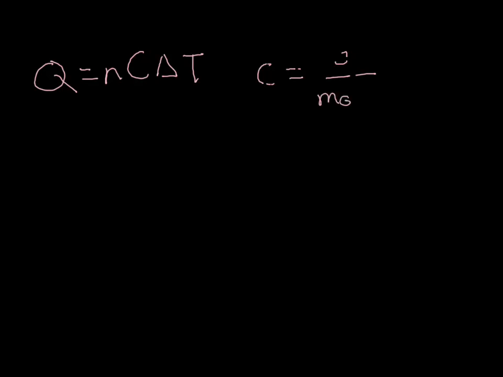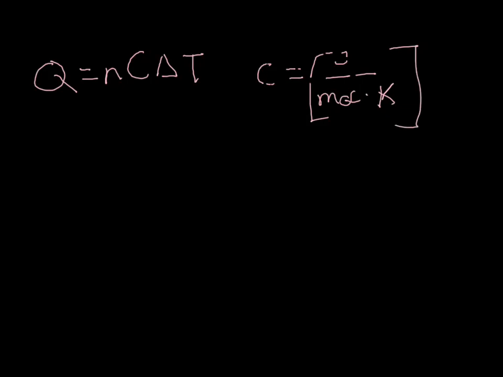So we can rewrite the equation: Q equals n capital C delta T. This is the capital C, and the units for capital C are joules per mole Kelvin.